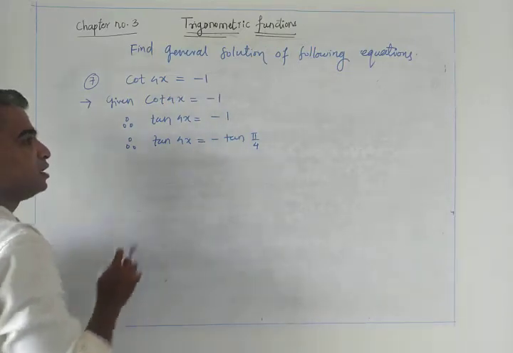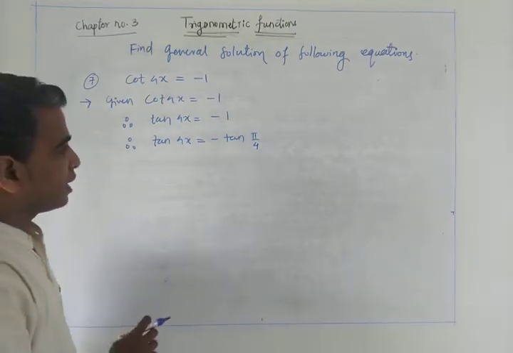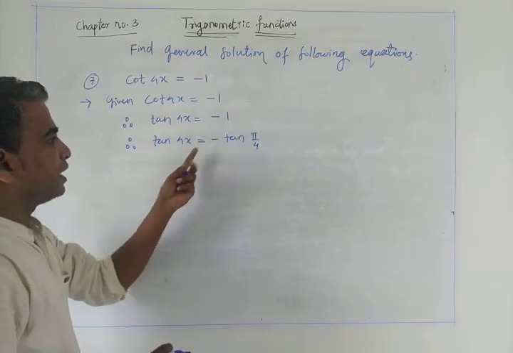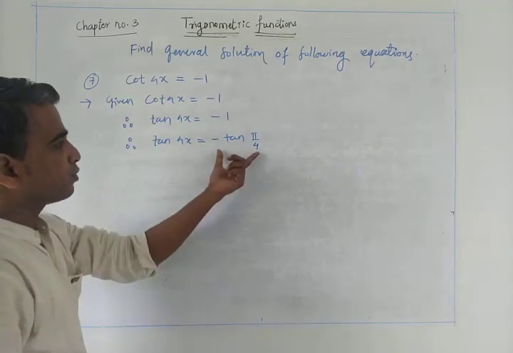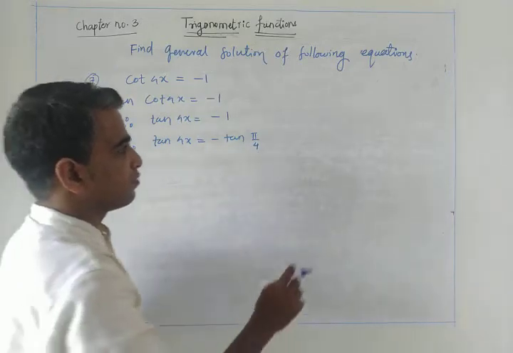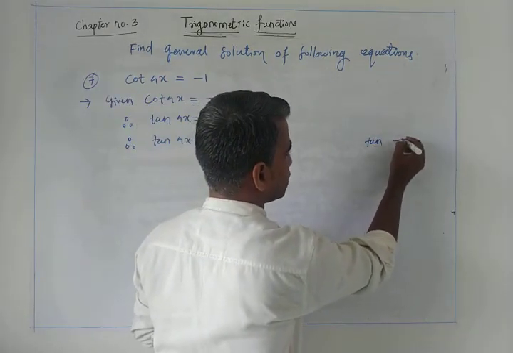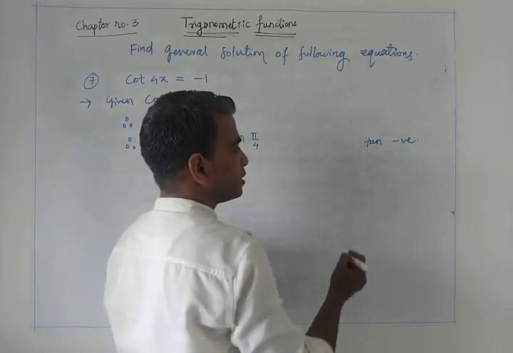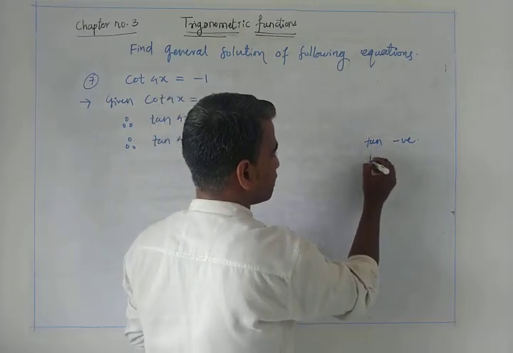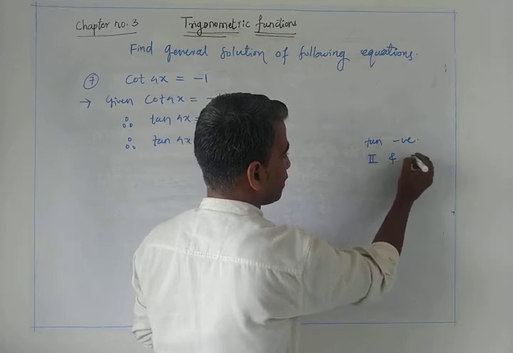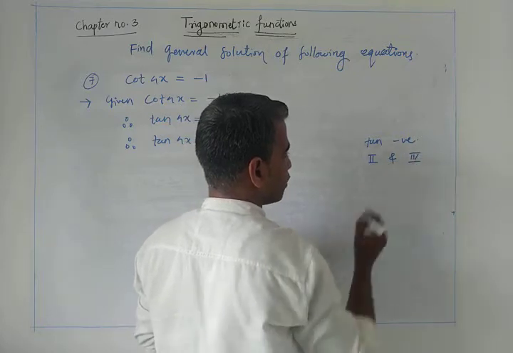But now this is a negative sign, and we already learned that negative signs we can't use directly for the solution. So we have to convert that negative sign, and for that we have to check where the tan function is negative. As per the table, we know the tan function is negative in the second and fourth quadrants.